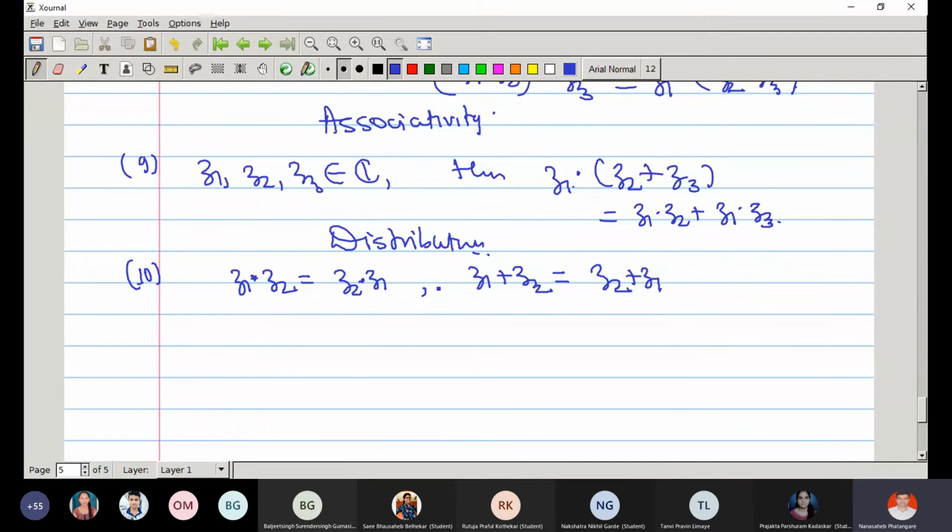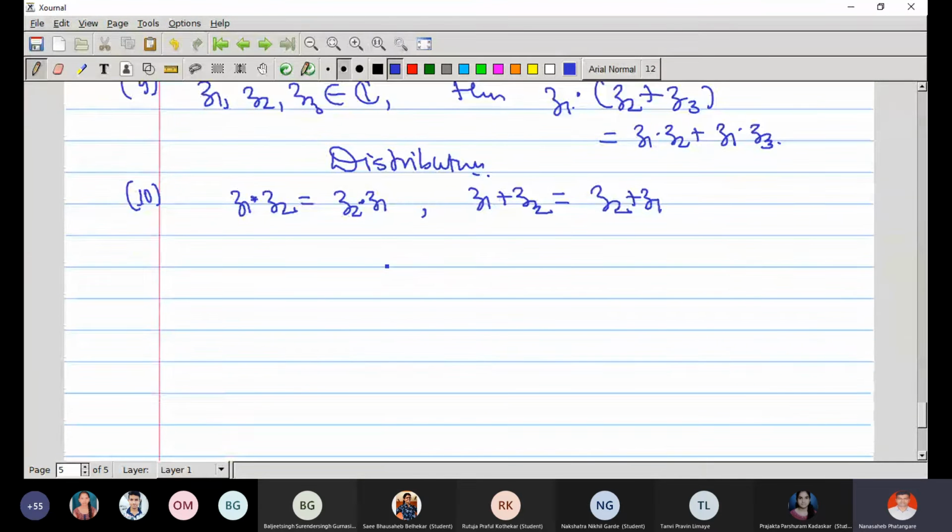So all the properties which you studied for real numbers, algebraic properties or field axioms, are satisfied with respect to this addition and multiplication. Correct? Yes. Is it clear? Yes, sir.